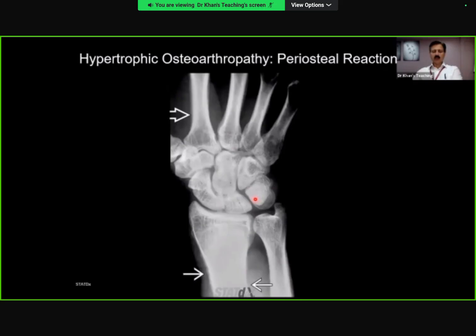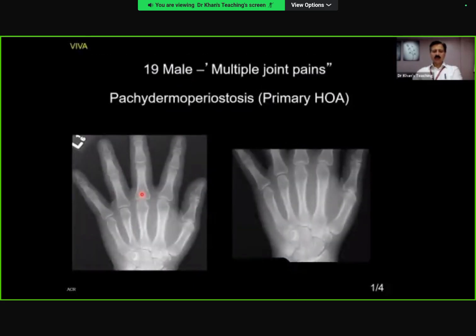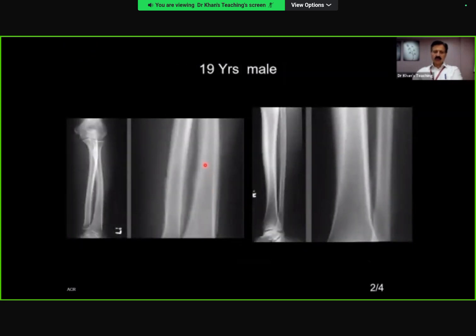HOA can also involve the short bones, and here the radius, etc., is involved. So this is pachydermoperiostosis, what we call primary HOA. This is a 19-year-old male, and these are familial. And look at this periosteal reaction along the short bones.